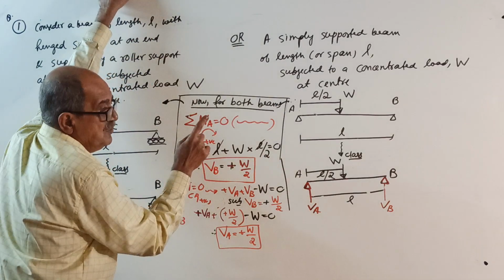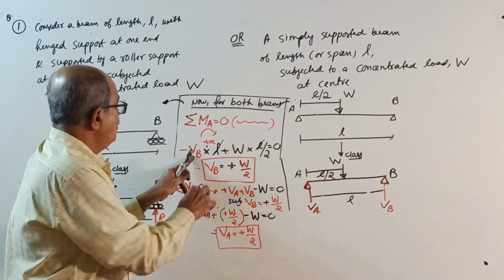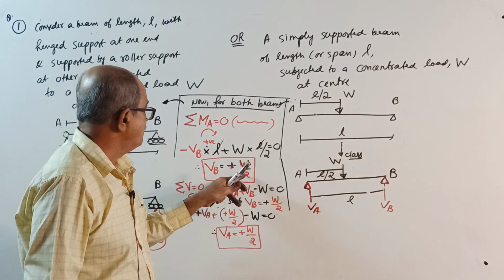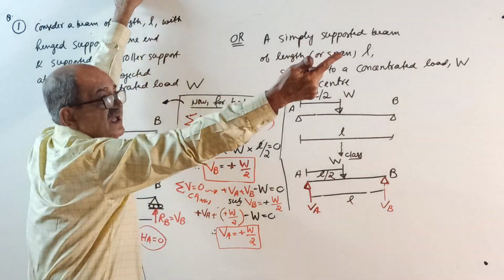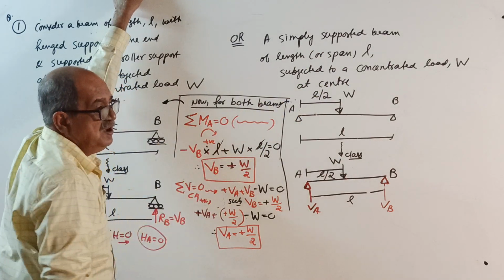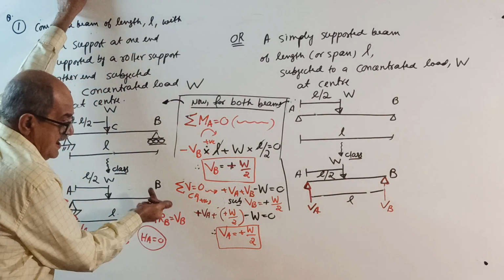Minus VB, be very careful, plus W by 2 equal to 0. So minus VB equals minus W by 2, or VB equals plus W by 2. The positive sign indicates that the assumed direction is correct.